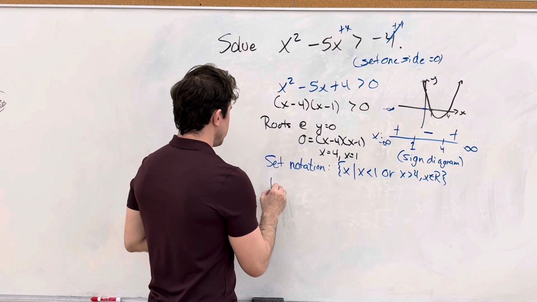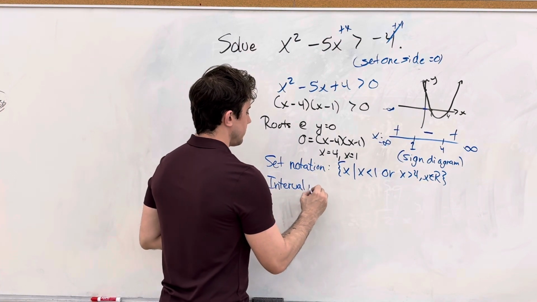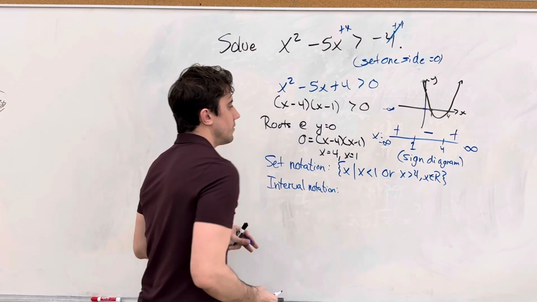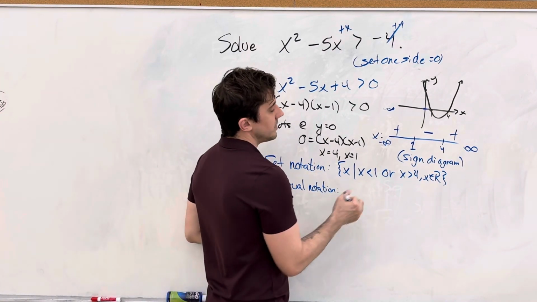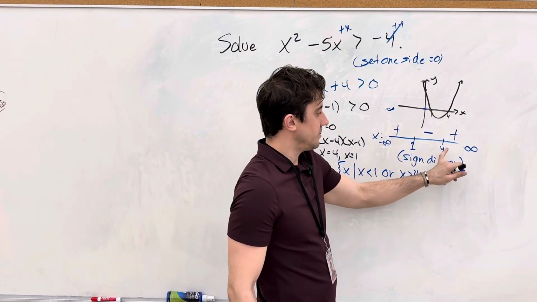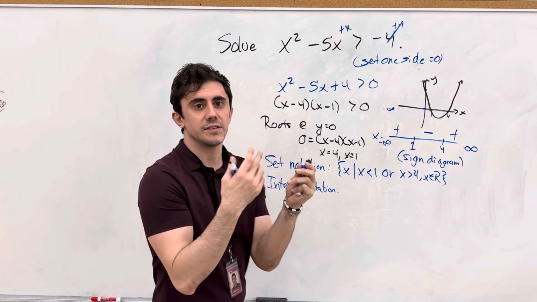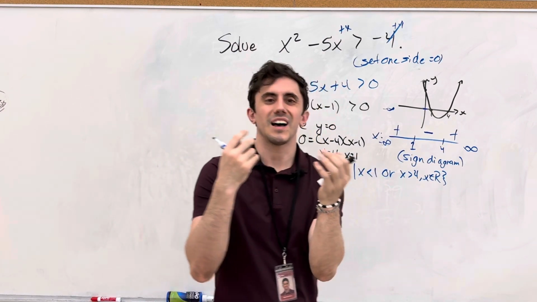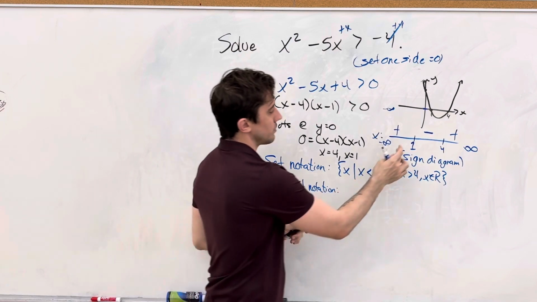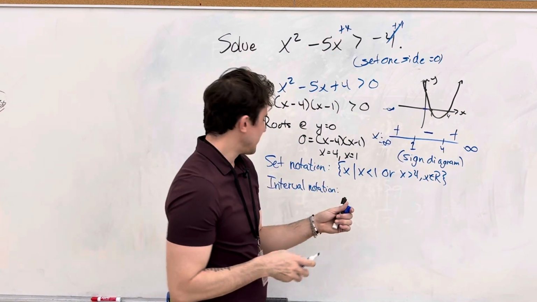In interval notation, if that is something that you are more familiar with, we could write this as the union of two intervals. The union of the interval from negative infinity to positive 1, and the interval from positive 4 to positive infinity. Union because the union of two sets means either or both. And so that is the case. Well, I guess we can't really be in both, but yeah, either or would suffice in this case.